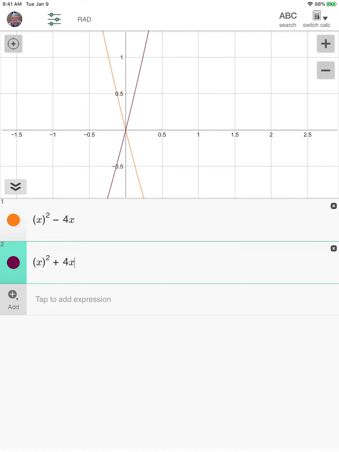Okay, so if we look at this, notice that if we let delta be the first one, the orange one, as we get close to 0, it would actually be negative, and that's a problem. So that's a no-no.